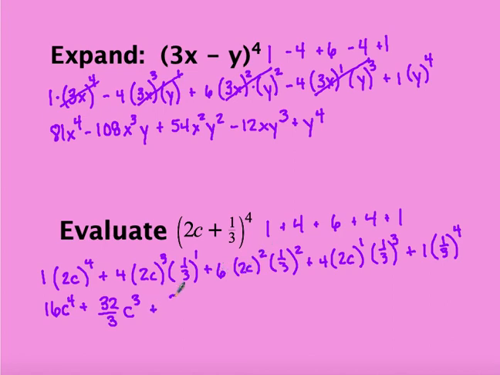So this guy's going to give me 24, and that 9 is going to go to the bottom, c squared. Plus over here, I'm going to have 1/3 to the 3rd, which is 1/27. 4 times 2 is 8 over 27, c to the 1st. And the last term is going to be 1/3 to the 4th power, and that is simply going to be 1 over 81. And you can see 1, 2, 3, 4, 5 terms when I'm done.